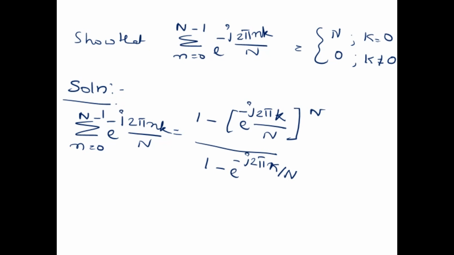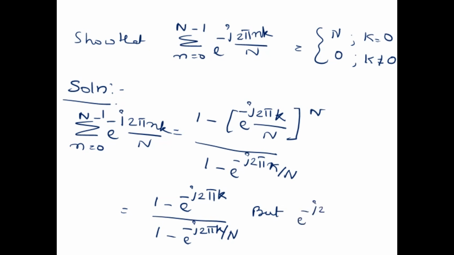So it is 1 minus a to the power capital N divided by 1 minus a, which is equal to 1 minus e power minus j 2 pi k divided by 1 minus e power minus j 2 pi k divided by capital N. But we know that e power minus j 2 pi k is equal to cos 2 pi k minus j sin 2 pi k, which is equal to 1 for k equal to any integer value.